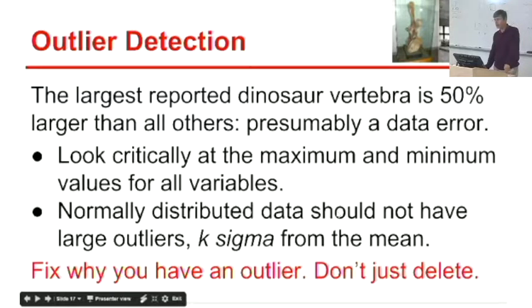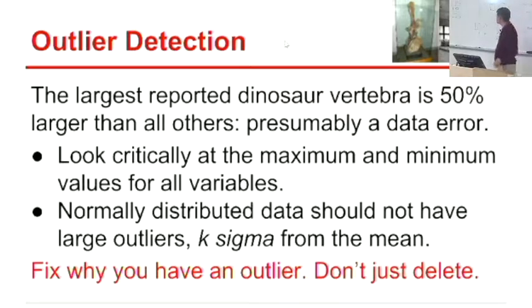Okay, the other cleaning aspect that I want to finish up before we go, just to end on this, is outlier detection. Often there are erroneous points in your data. It's not that something systematic went wrong when you collected the data.